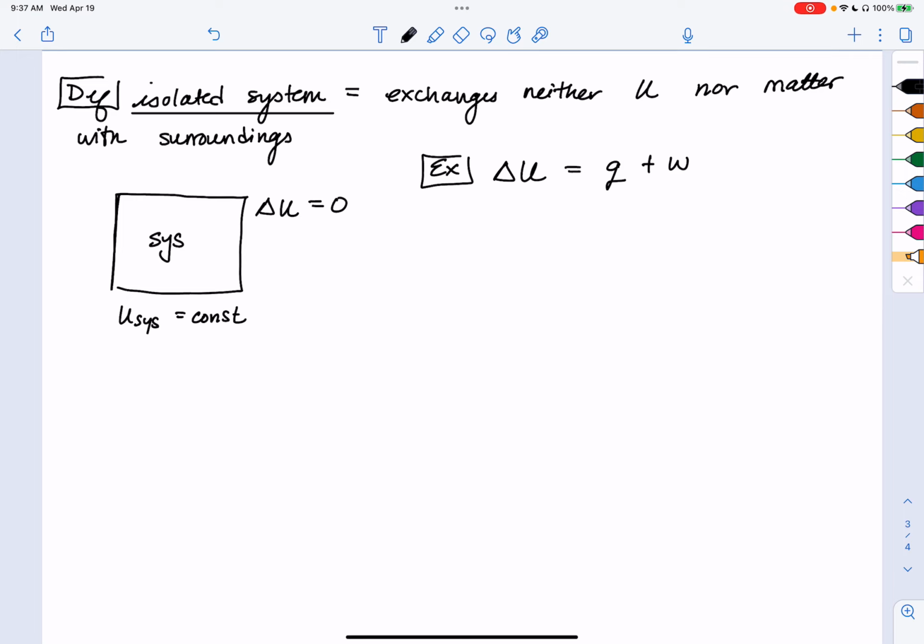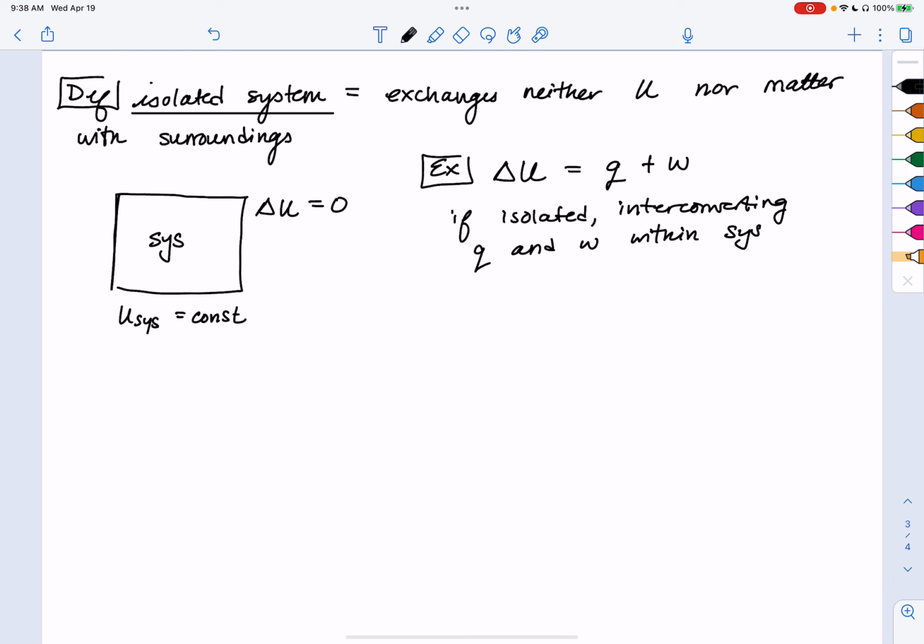If we know that the isolated system is not going to be exchanging any kind of heat or work with the surroundings, then that means that if we're isolated, we are interconverting heat and work within the system.